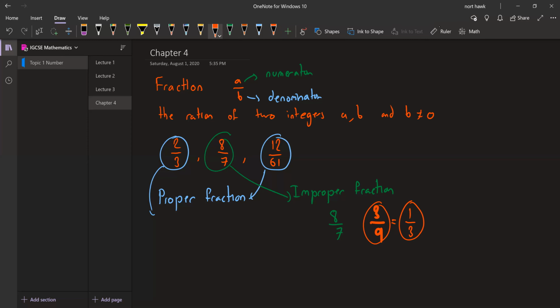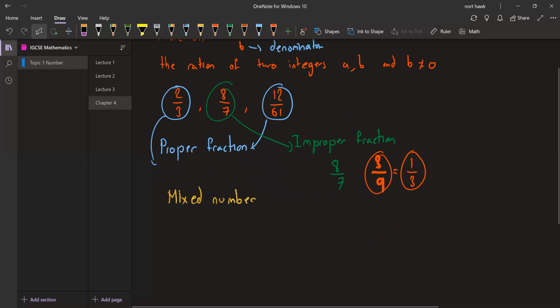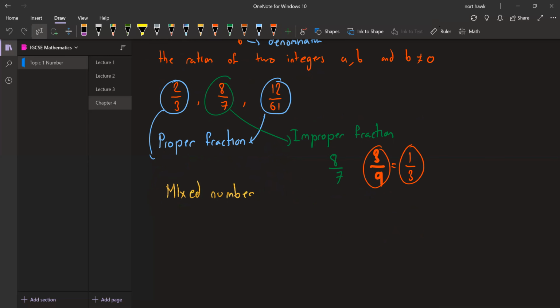Now, there's also this thing called a mixed number. A mixed number is essentially an integer with a fraction. For example, 4 and 1 over 5 is actually 4 plus 1 over 5. This is just a shorthand notation for the sake of simplicity.